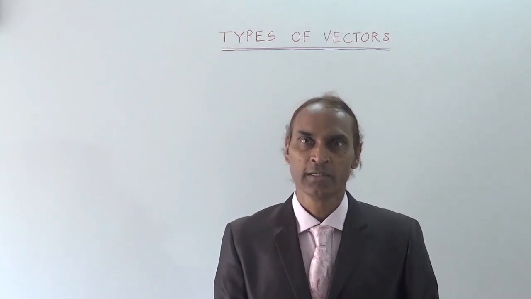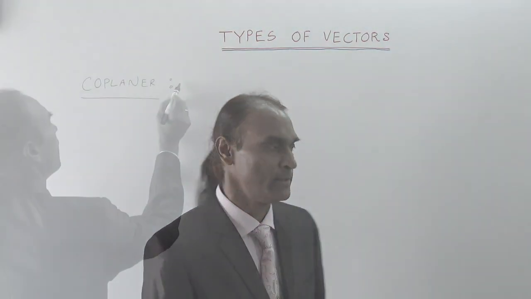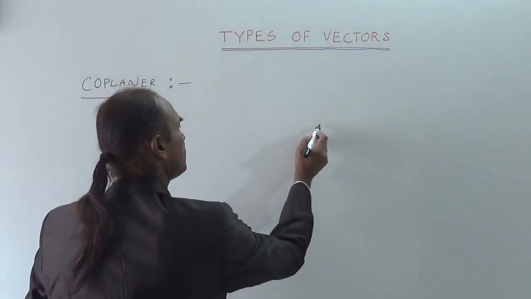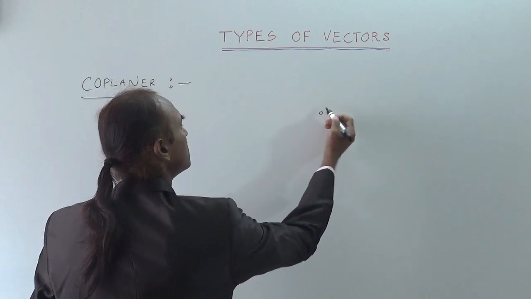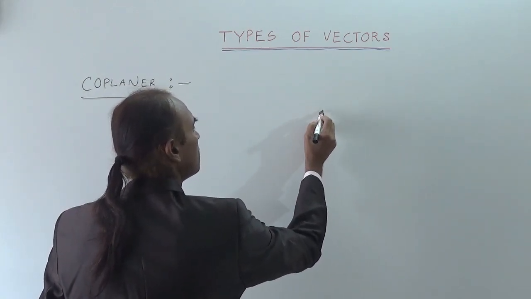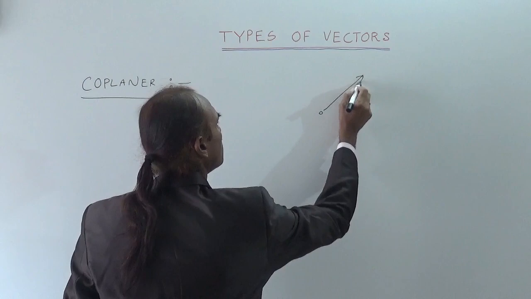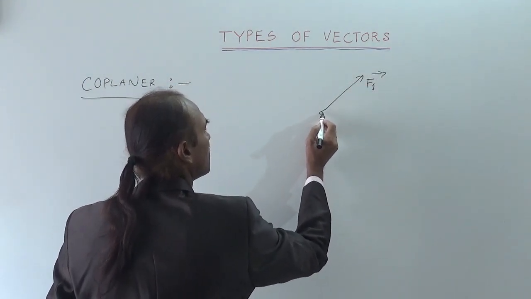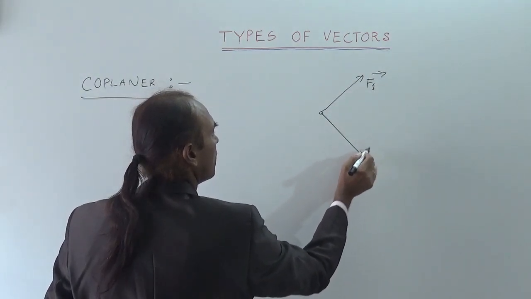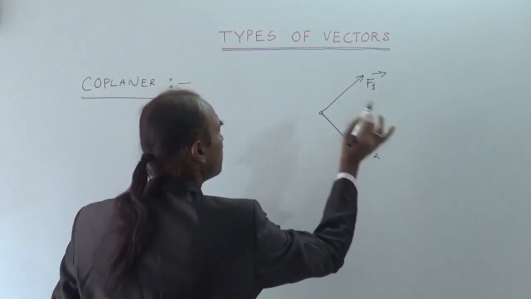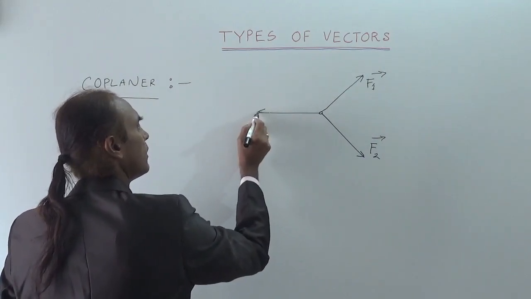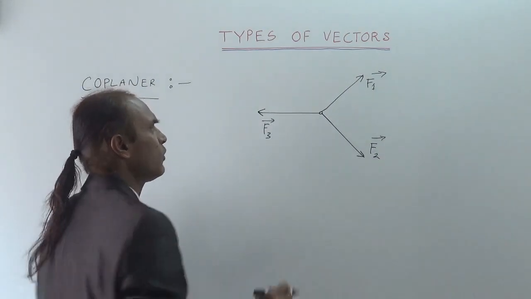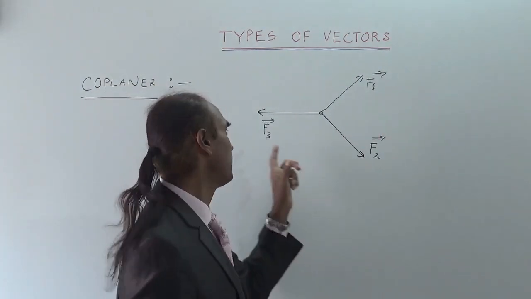After collinear vectors, let us define coplanar vectors. Let us assume the first vector is force 1, F1, the second vector is force 2, F2, and the third vector is force 3, F3.